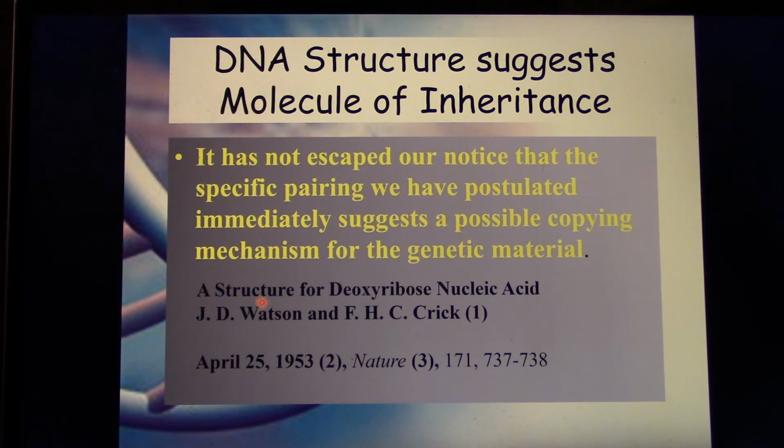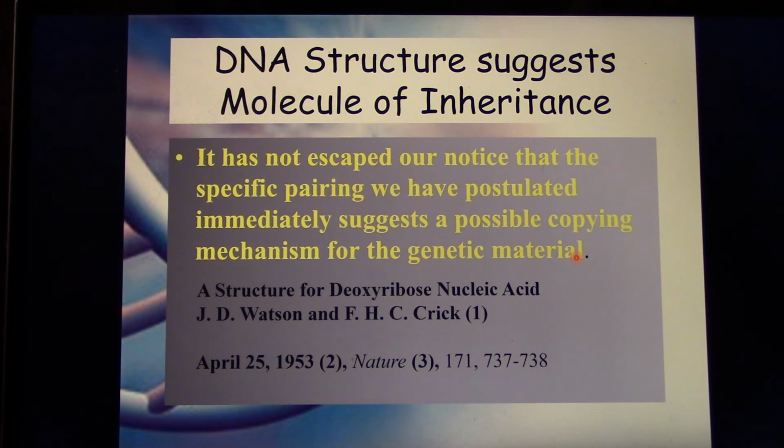And the title of the paper was A Structure of Deoxyribose Nucleic Acid by James Watson and Francis Crick. And in the paper they had this lovely quote. I can't do a British accent or anything, but: it has not escaped our notice that the specific pairing we have postulated immediately suggests a possible copying mechanism for the genetic material.